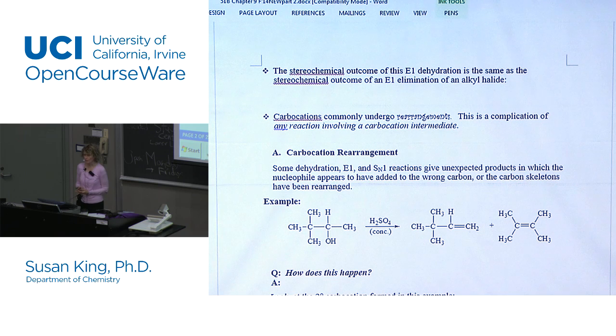All right, stereochemical outcome of this E1 dehydration is the same as the stereochemical outcome of an E1 elimination of an alkyl halide.